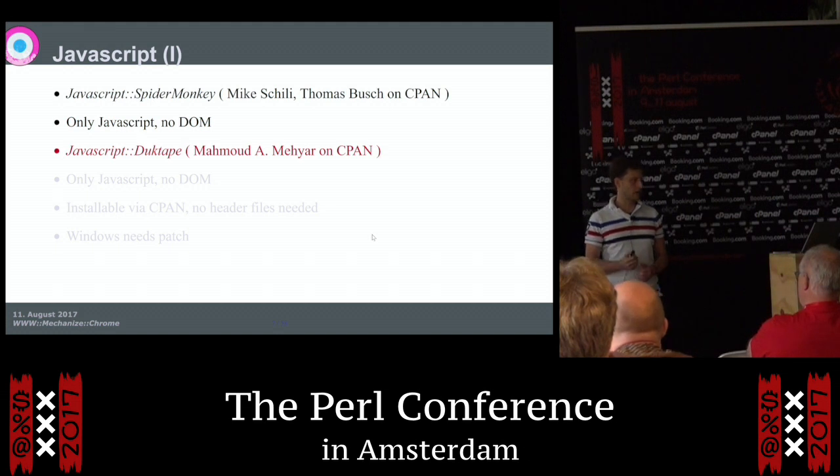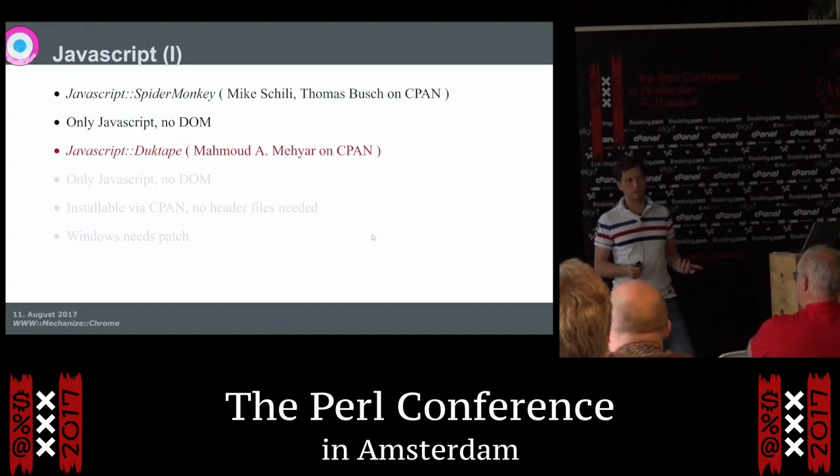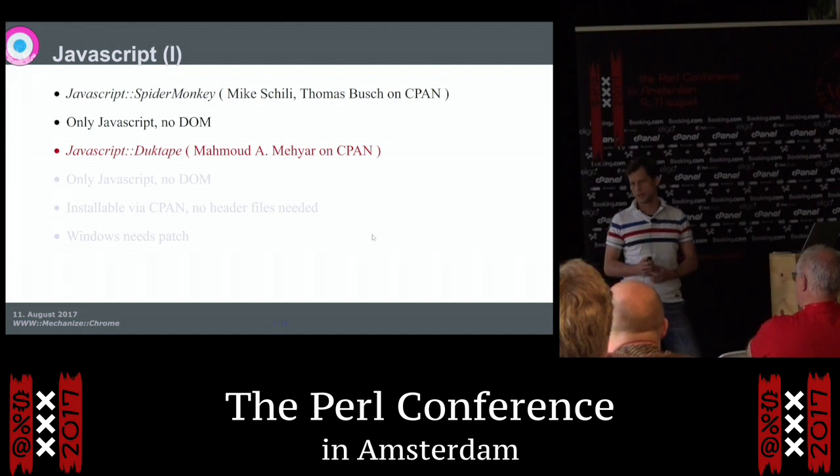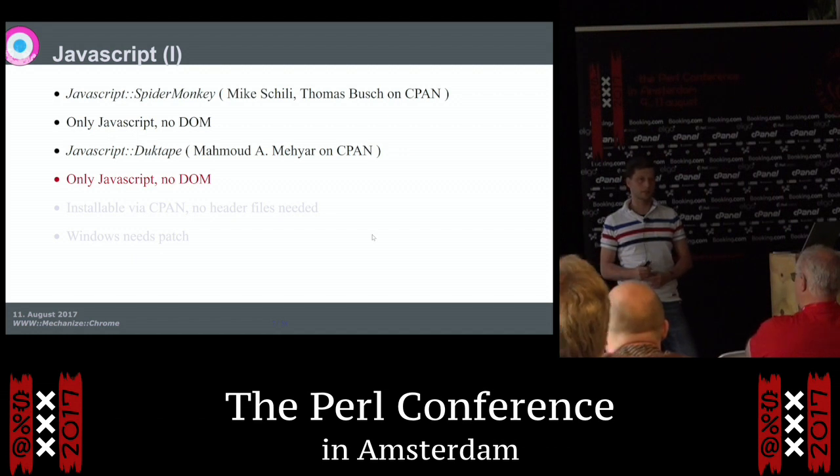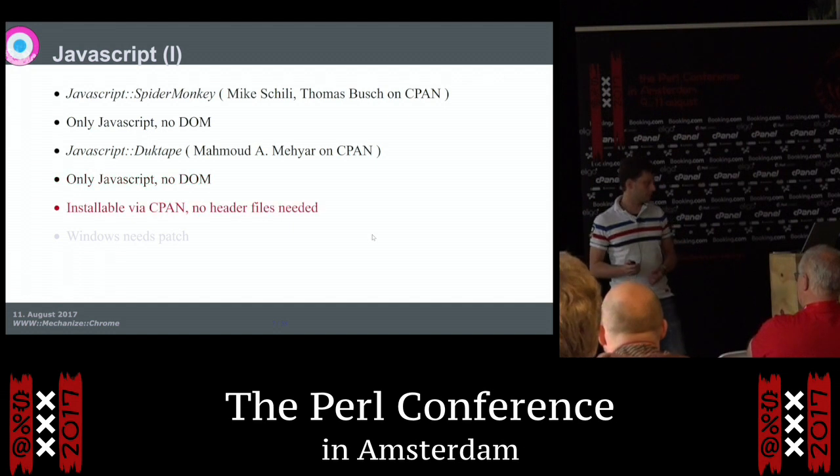The same with JavaScript::Duktape. Duktape is another self-contained JavaScript engine, and that engine is distributed right with the CPAN module. So if you need a one-stop JavaScript solution and have a C compiler available, this module is good. But again, the Duktape engine doesn't understand the DOM or anything a browser does, just JavaScript.